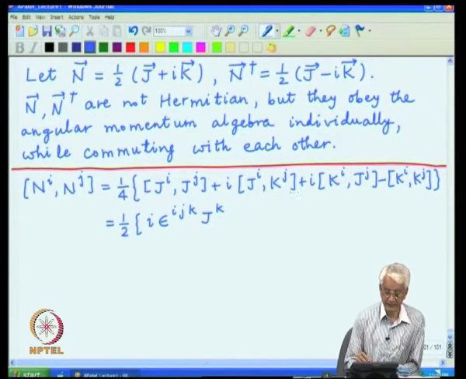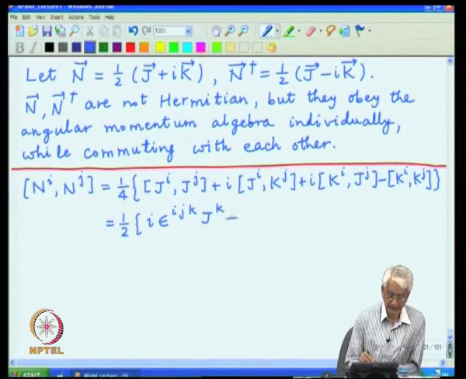Similarly, J_i K_j gives i times epsilon_ijk together with the operator K_k, and that is equal to the third term as well, because epsilon_ijk is antisymmetric in i and j, and this produces the same result. So, these two terms are identical. Again, the quarter becomes half.